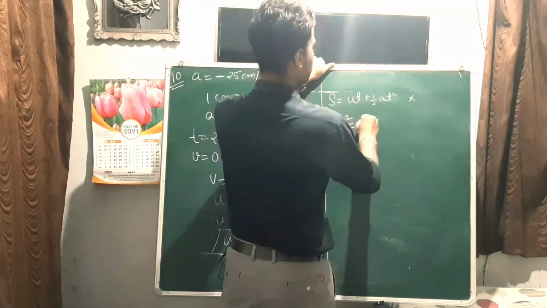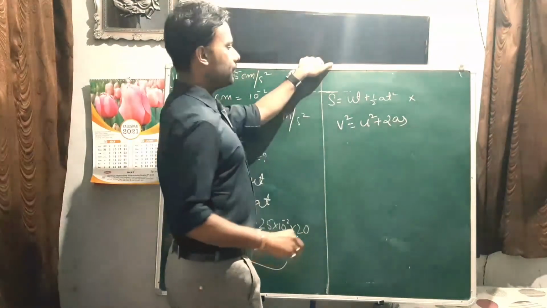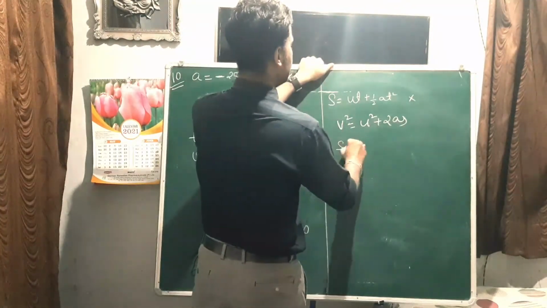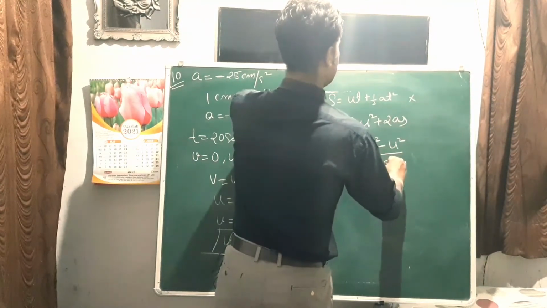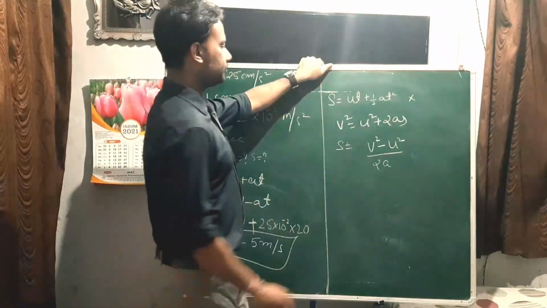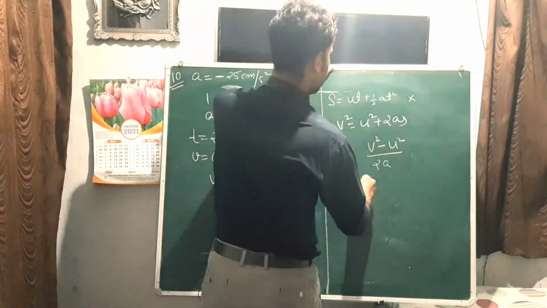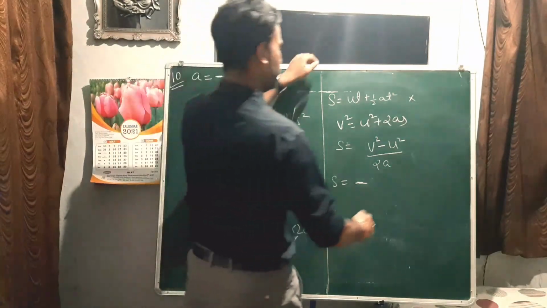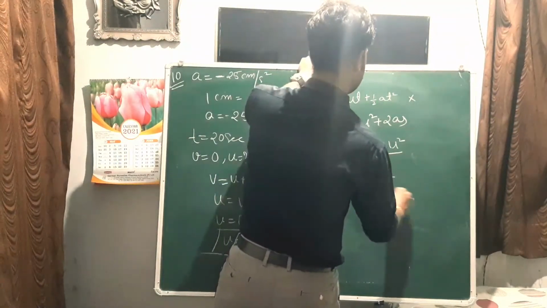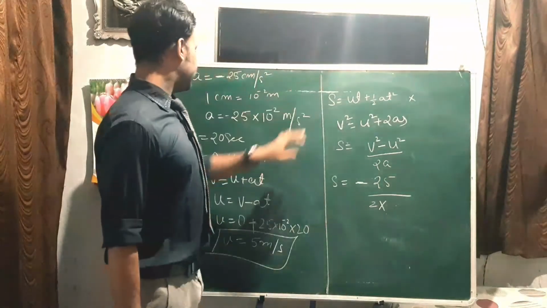v square equals u square plus 2as, right? So again, S will be v square minus u square upon twice of a, right? Now v square will be 0, so it will be minus u square. What is the value of u? That was 5. So 25 upon 2 into a, which is again negative.